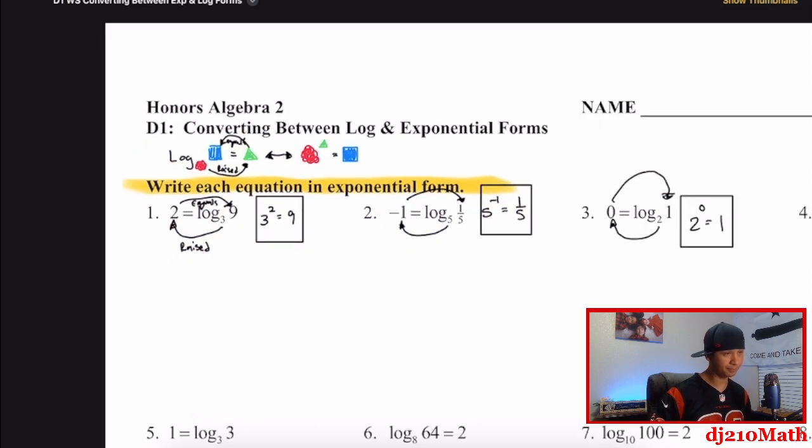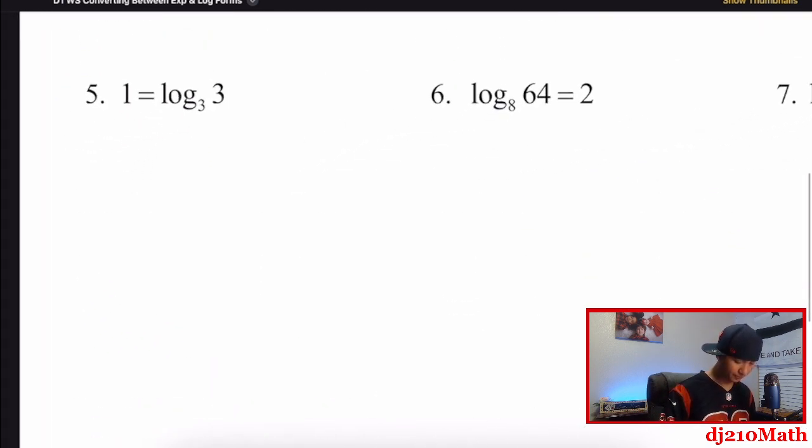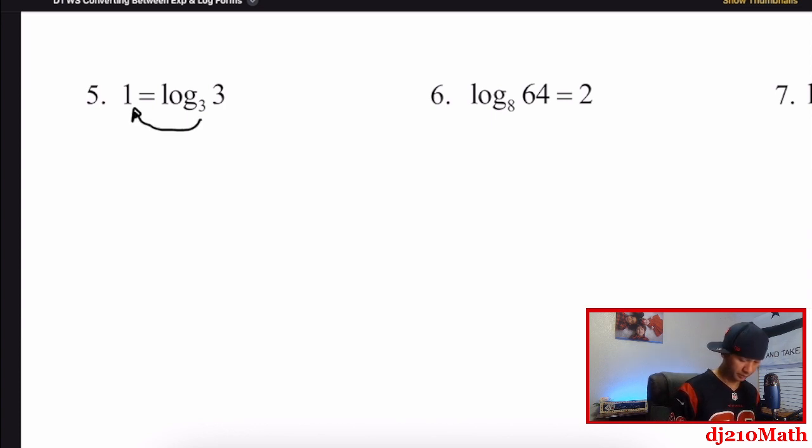Okay. Well, I tried. All right, so 3 raised to 1 equals 3. Right? Anything raised to the first power is itself.